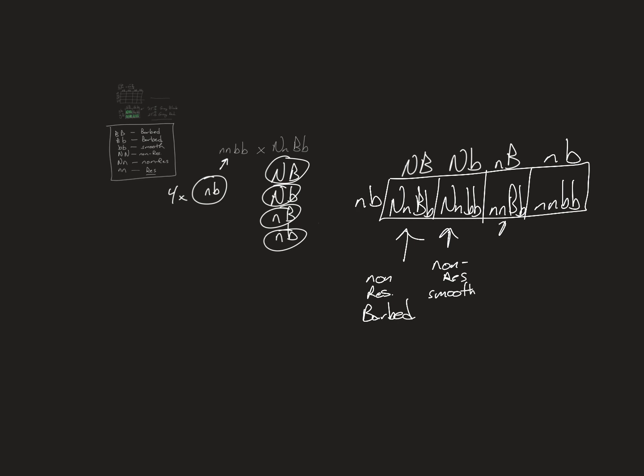This is going to be resistant and barbed. And this is going to be resistant and smooth. So what are going to be the ratios? 1 to 1 to 1 to 1. If you did the full 16, it'd be 4 to 4 to 4 to 4, which is fine. But reduce that and it'd be 1 to 1 to 1 to 1.